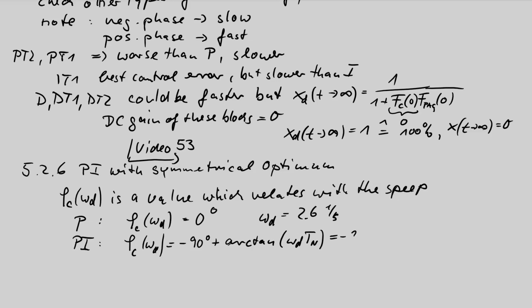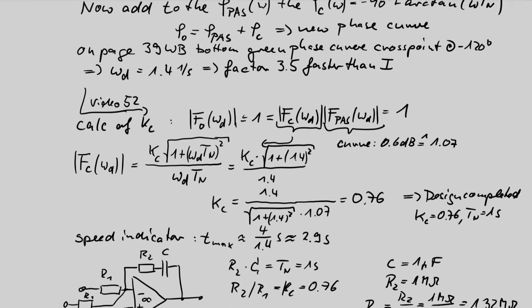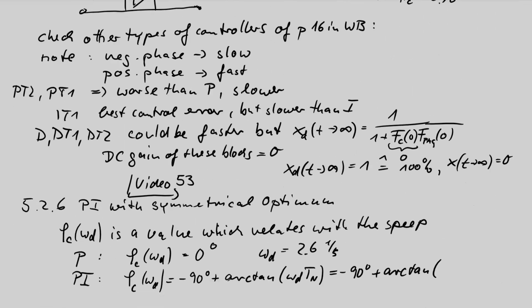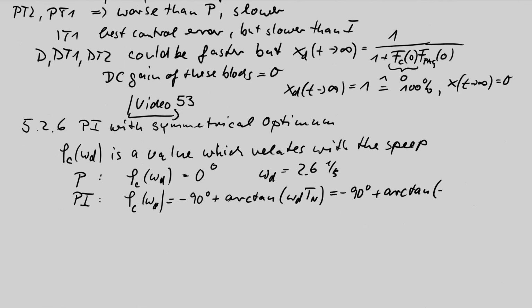The omega d value of my PI controller is 1.4 per second, times 1 second, and this value can be calculated.